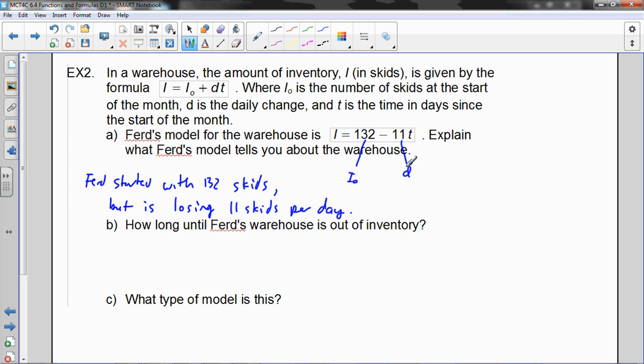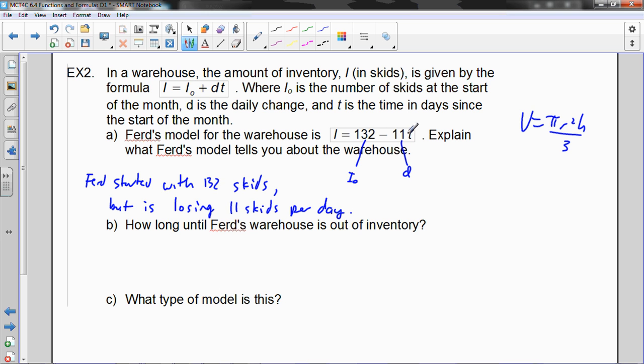Good. Now notice, just before we go on, B and C are pretty quick questions here. We had a formula that had 1, 2, 3, 4 variables in it, almost like this one, right? That one had 4 variables in it too. Pi is actually a constant, but this one had 1, 2, 3, 4 variables in it. But we set a couple of the variables to have a constant value. So then now it's a function. It's not a formula anymore.